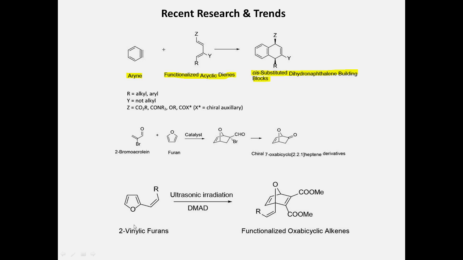Also vinylic furans have been used as the diene system, as you can see here. So this part can be used as the diene system, and with DMAD, dimethyl acetylene dicarboxylate, if you look at this part, this was actually a triple bond, this provides you the dienophile, and you can use this vinylic furan as the diene, and by ultrasonic irradiation only you can get the functionalized oxobicyclic alkenes, which are important in sense of their biological activity.